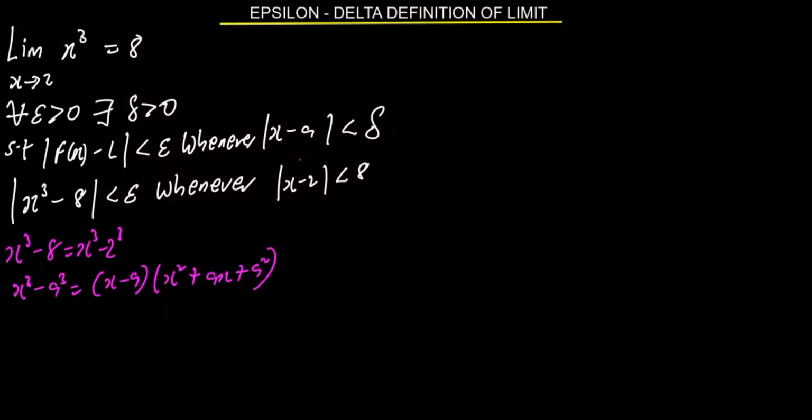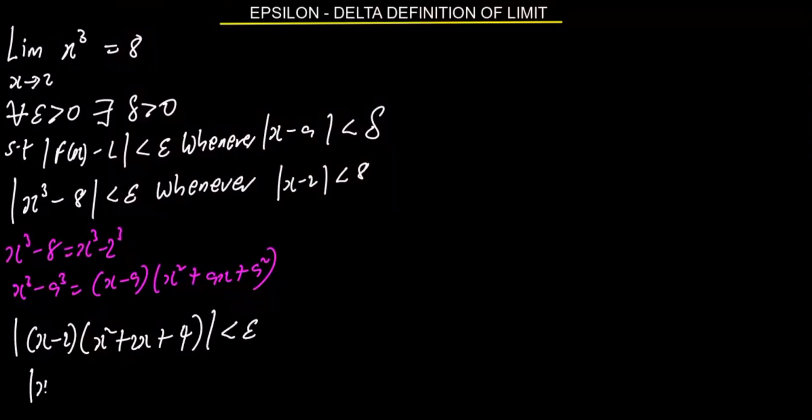This is what I'm going to get. So if that is the case, I'll write this as x minus 2, then x squared plus 2x plus 2 squared, that's 4. Good. Less than epsilon. So I have this, then I have x squared plus 2x plus 4 less than epsilon.